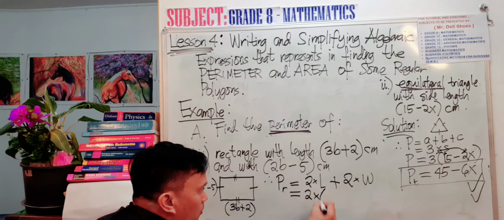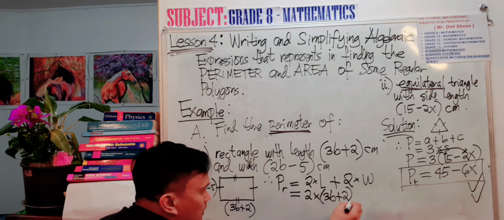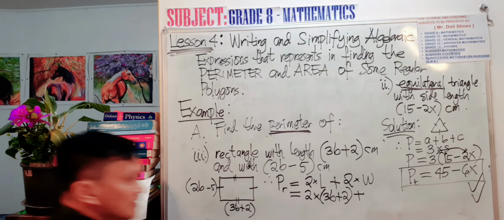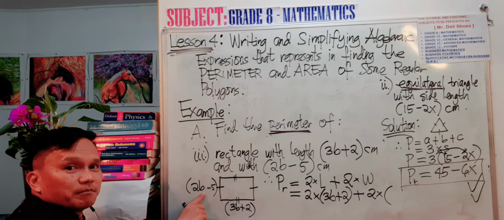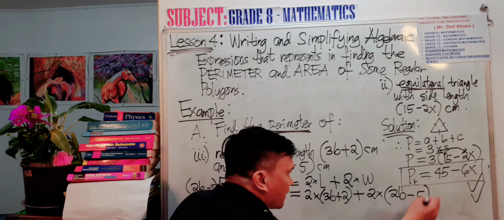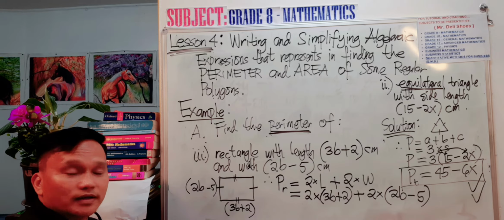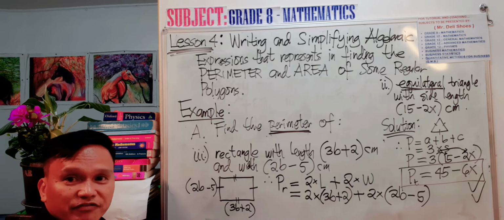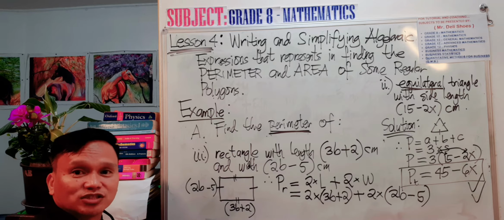So we have open 3b plus 2 plus 2 times our width, which is 2b minus 5. When you have now this expression, you are now going to remove the brackets by expanding, and then later you simplify. When you say simplify, you are going to collect like terms.